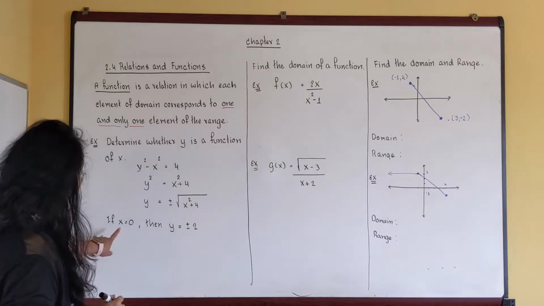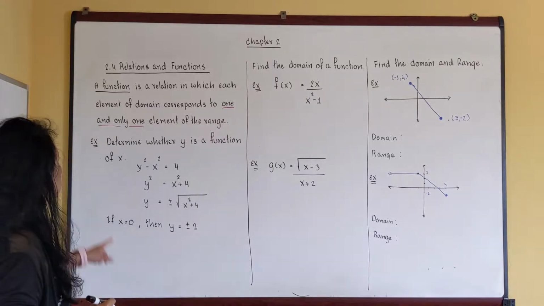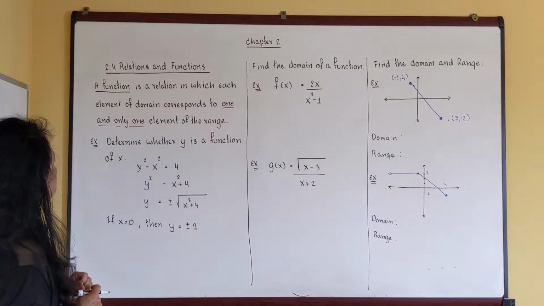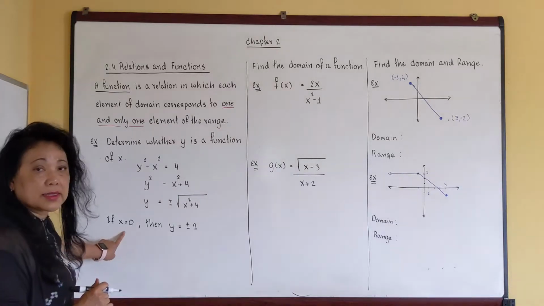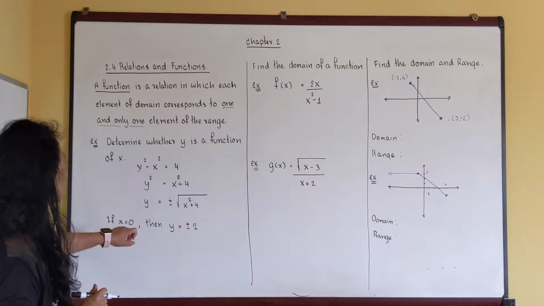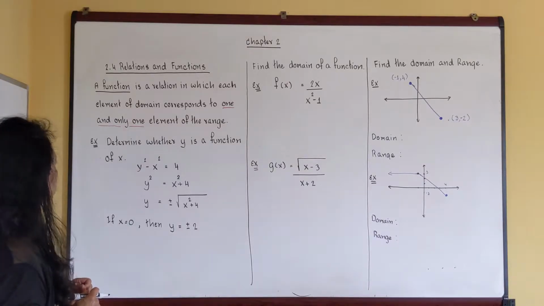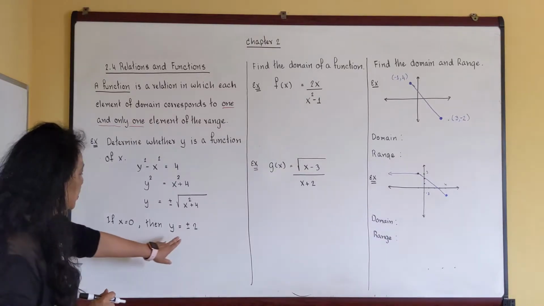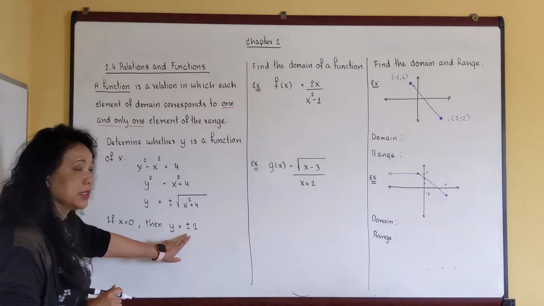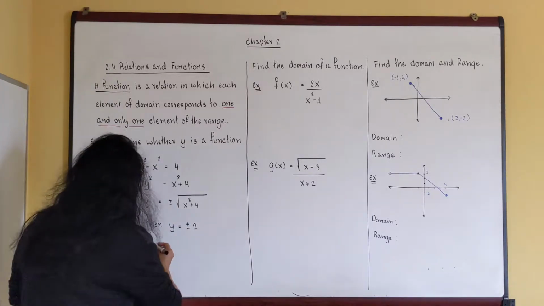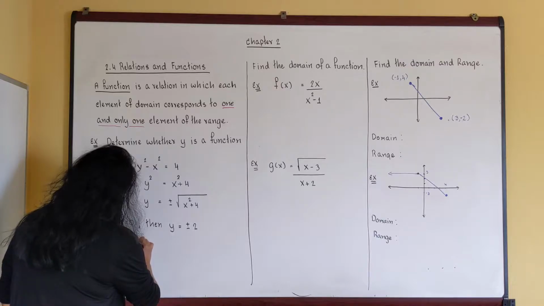Alright, so I have one x but I have two y. So this is not a function, because by the relationship, each element of the domain, which is x, which is 0, will correspond to one and only one element of the range, but it corresponds to two numbers here, plus or minus 2. So this is not a function.